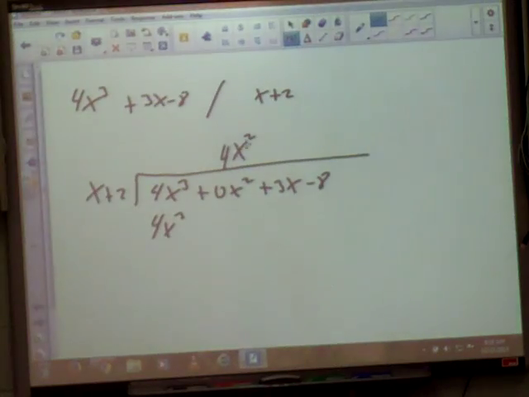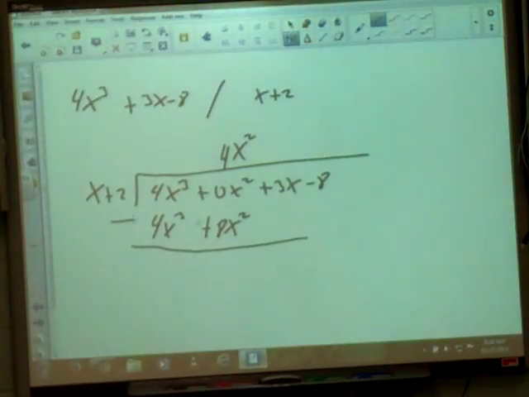That's where the 4x squared came from. Okay, then we distributed that to the x, got 4x cubed. Now 4x squared times 2 is 8x squared. So we're subtracting. 4x cubed minus 4x cubed is nothing. 0x squared minus 8x squared is negative 8x squared.